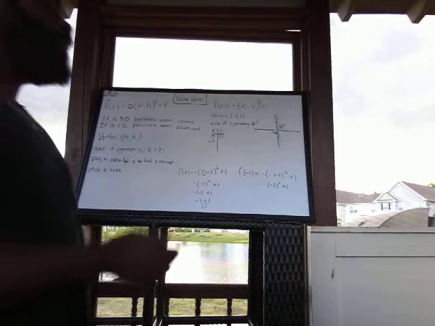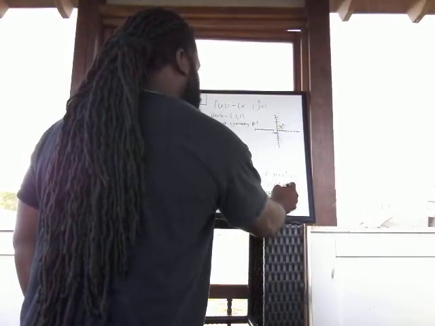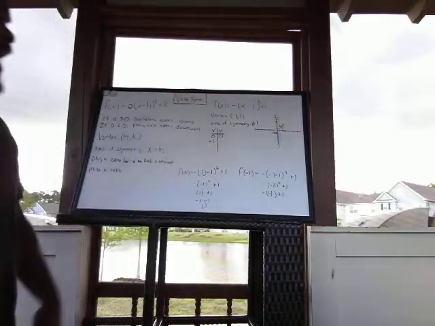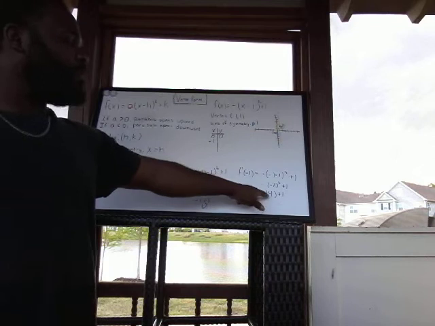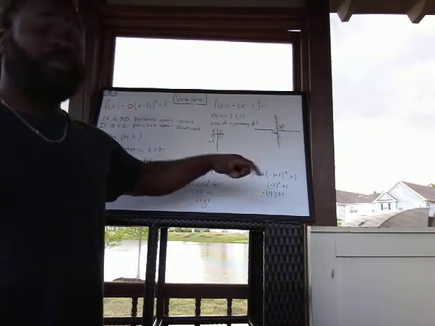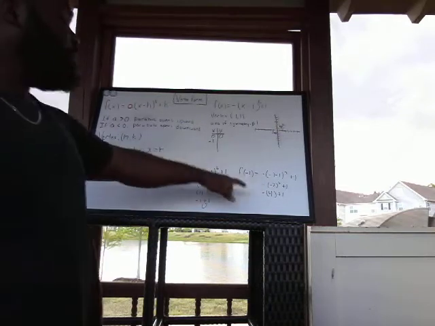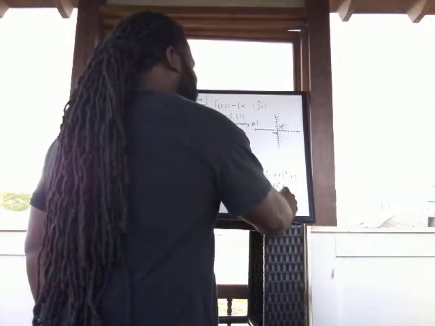Negative 2 squared is going to give me a positive 4. But remember, on the outside of my parentheses, we still have a negative sign, which means we have negative 4 plus 1, which gives me a negative 3.